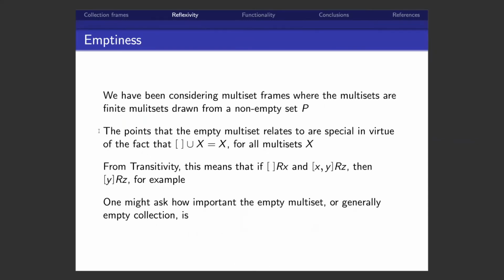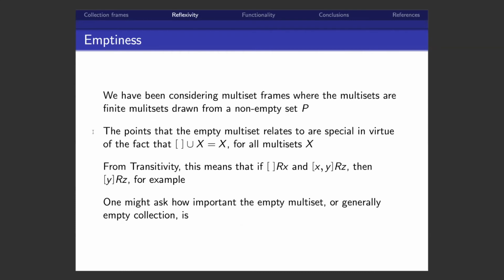So I mentioned epsilon and the role of the epsilon rules, how those connect to evaluation and transitivity. I'll mention another interesting tweak on the collection frames. We've been considering multiset frames where the multisets are just any finite multisets. That includes the empty multiset.